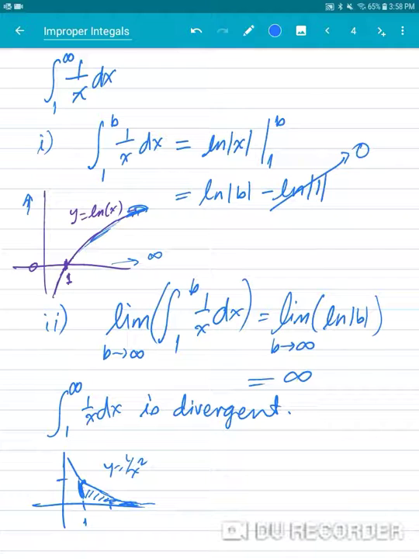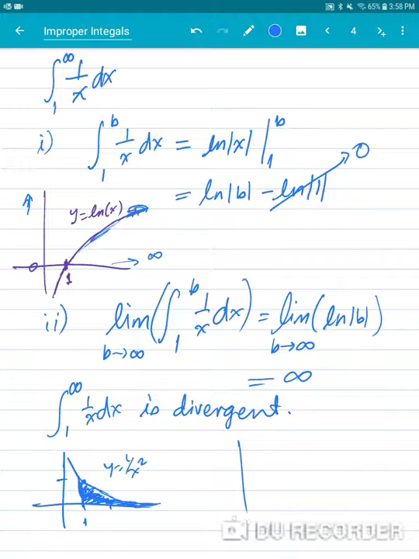You get 1. What it means is you need 1 unit of paint to paint this area under the graph of 1 over x squared.